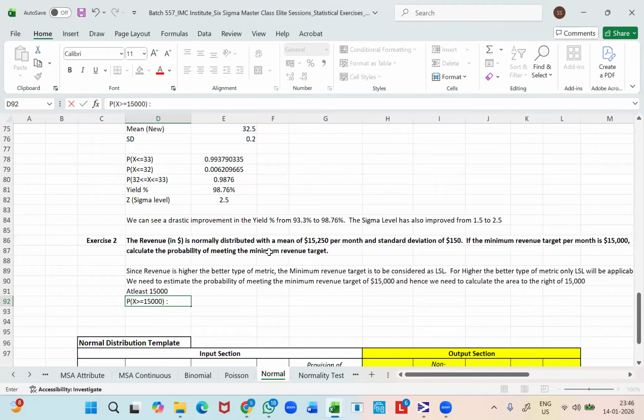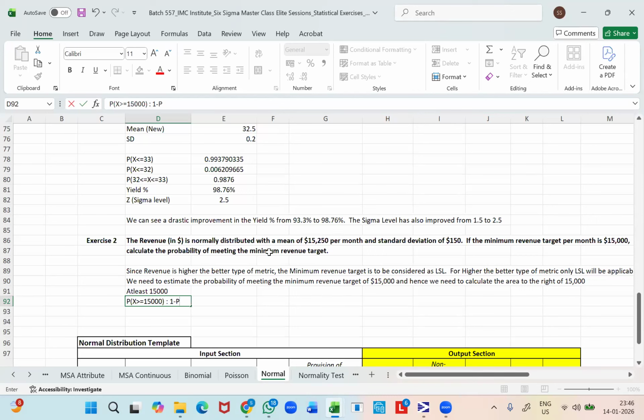But then we know Excel and Minitab can provide the probability values only for equal to and less than or equal to. So it cannot provide the probability value for greater than or equal to scenario. So this has to be converted in terms of less than or equal to. And this is a continuous data. For discrete data, we have already derived this notation.